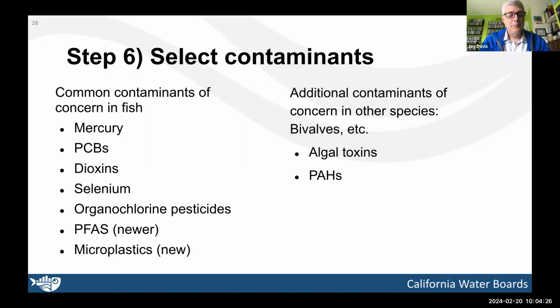It's classified as a contaminant of emerging concern, although I think they have emerged, but they're not as far along in the regulatory process or in the advisory development process as the other contaminants, but definitely a lot of high interest in California and across the nation.